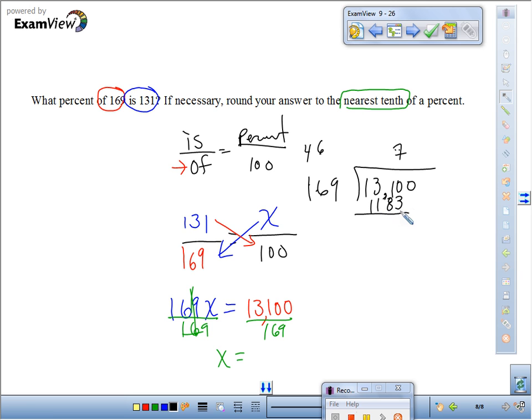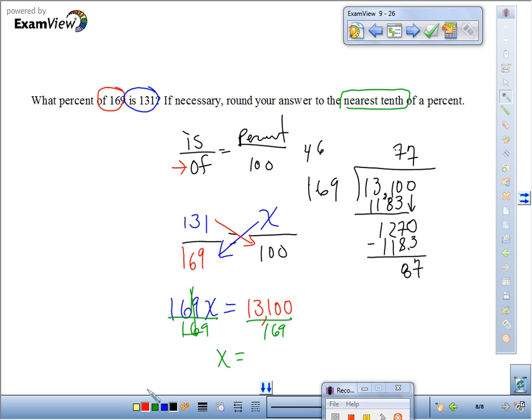What do we have left? 127. Bring down the 0. Again, we can fit 7 times that. And what did we get for 7 times? 1183, is that correct? Subtract 17 plus 70, that's 87.